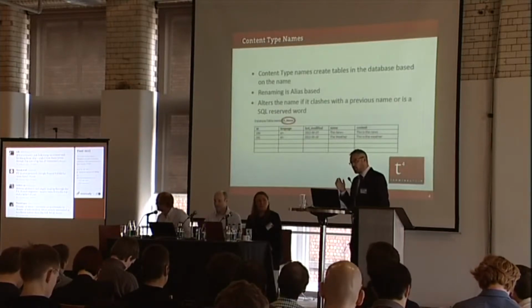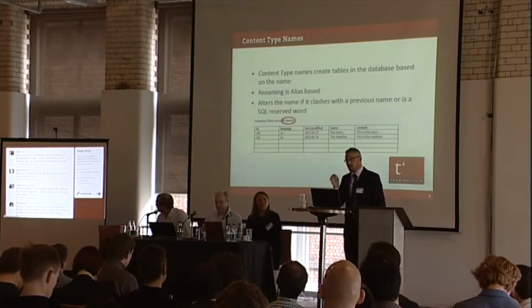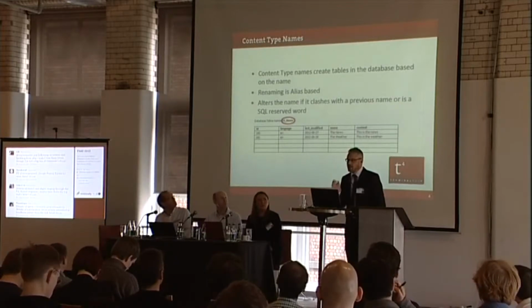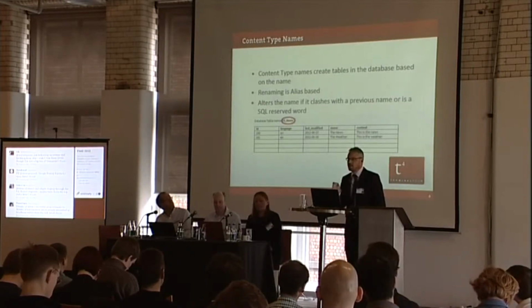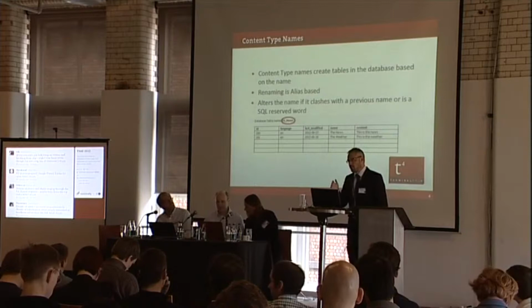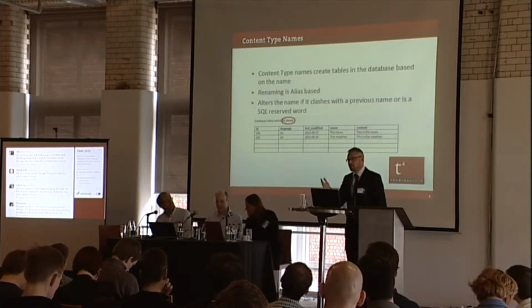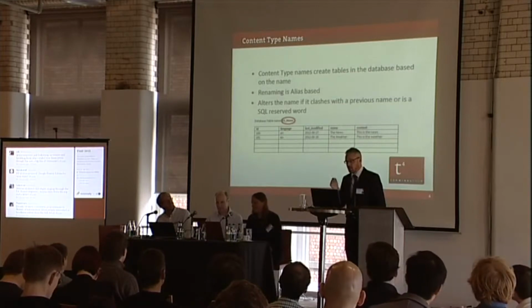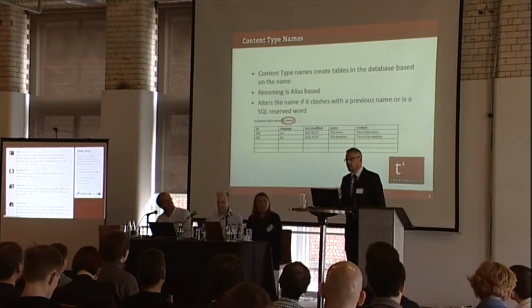So when you create a content type, you're actually creating a table in the database, okay? And the name of the table is based on the name of the content type. Because of that, it was kind of difficult to rename them. So we created another field in templates so you can create an alias name for the content type.